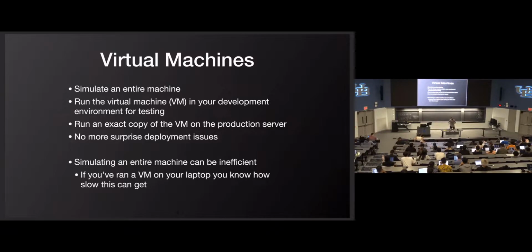We're running the same exact environment in dev as we are in prod. No surprises. Everything's the same. It's the same operating system. It's the same versions of all the software we're running. Everything's exactly the same, so we shouldn't get any differences between them. Running in dev is the same as running in prod. Excellent solution. We're good to go. This is great. Life is great with virtual machines.